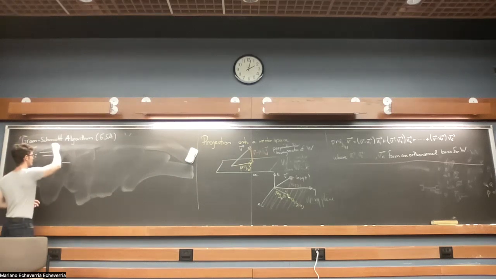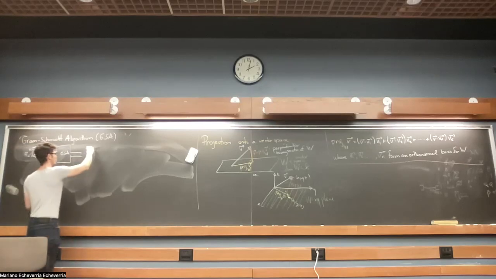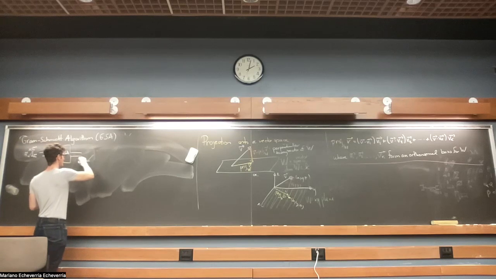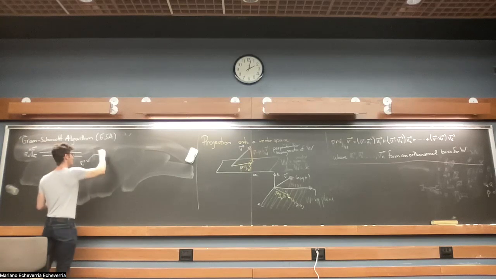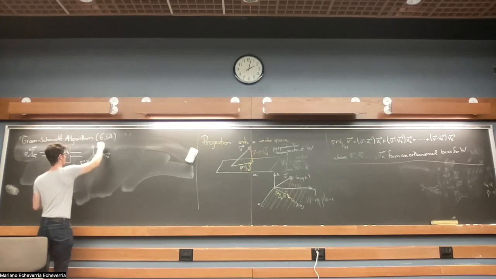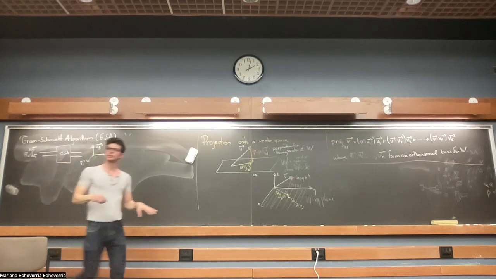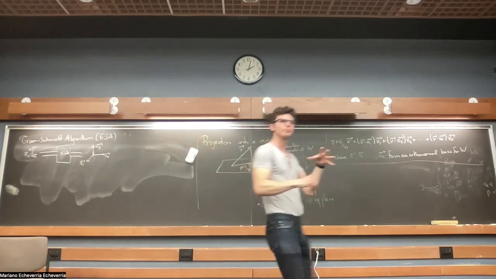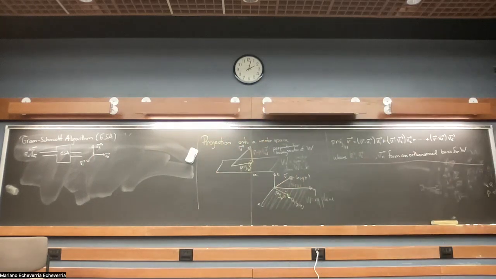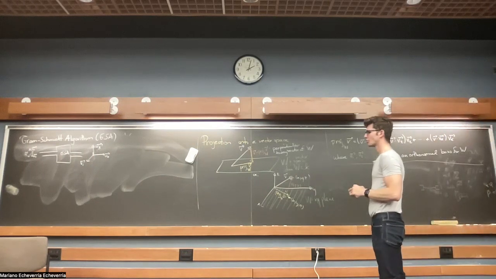But the end result of running the algorithm will be something that looks like B1, B2, and B3. It turns them into vectors perpendicular to one another and of unit length. So it's a way to orthogonalize vectors, if you want to find a verb for it.